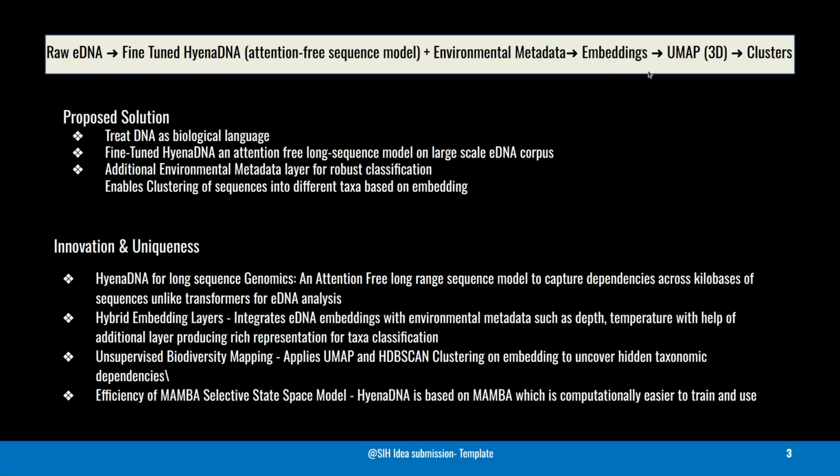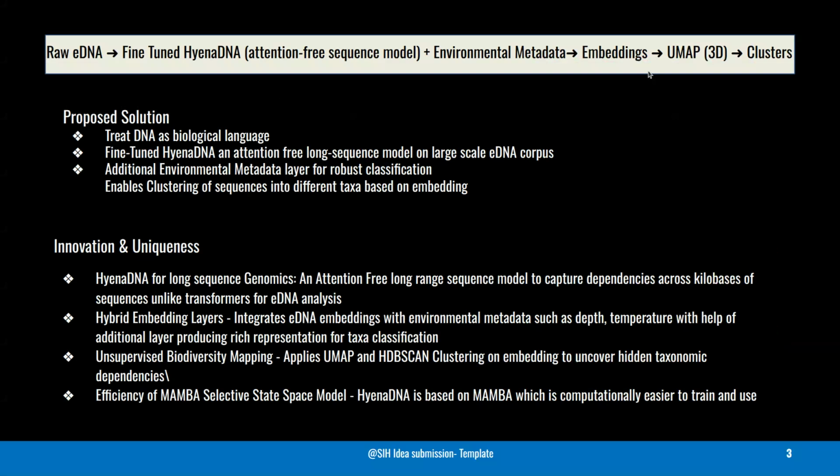We'll fine-tune HyenaDNA, an attention-free long sequence model that is highly efficient, on a large eDNA corpus. We'll also use an additional environmental metadata layer for robust classification. What is unique is that we are not using a transformer architecture.